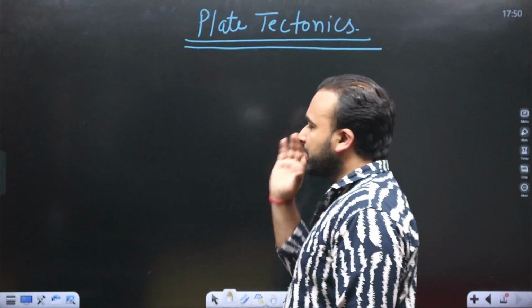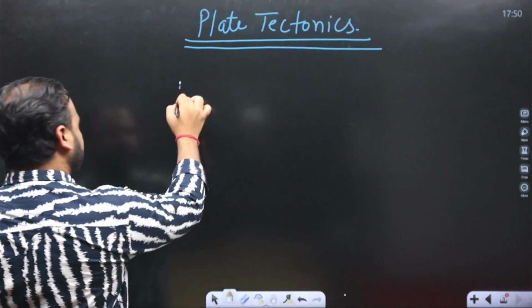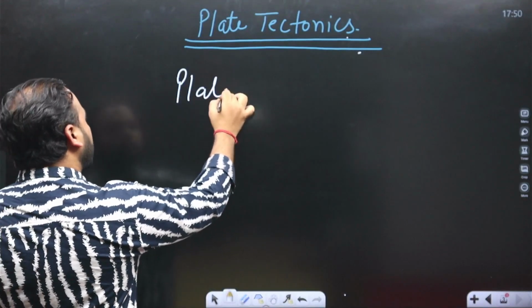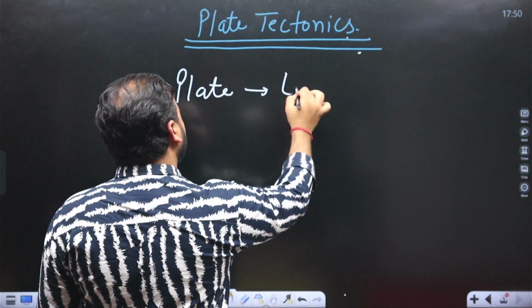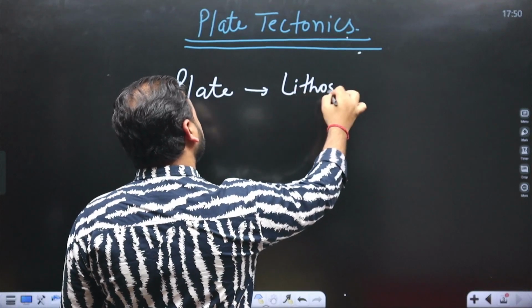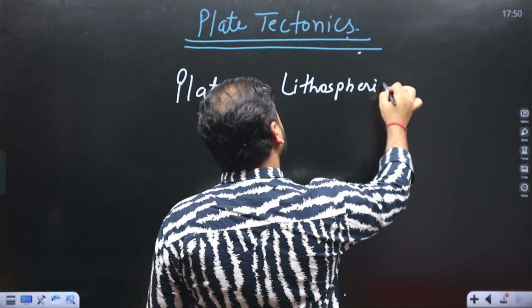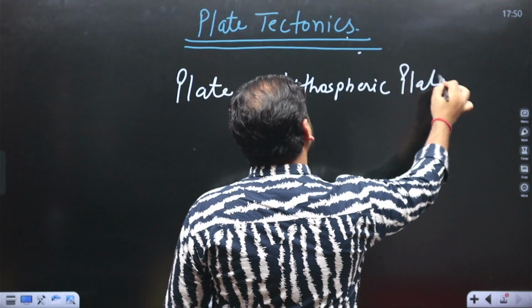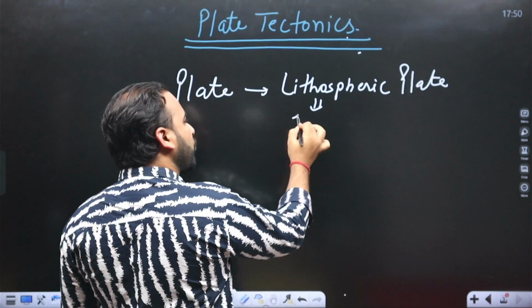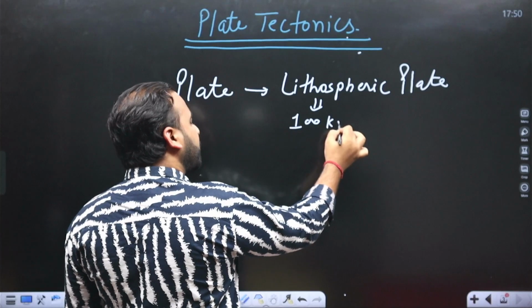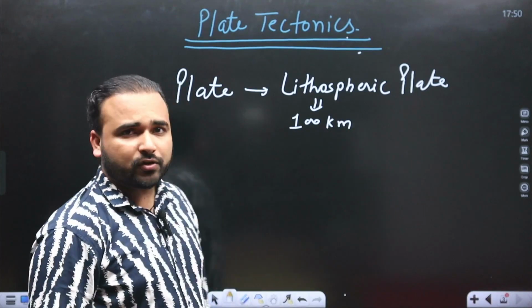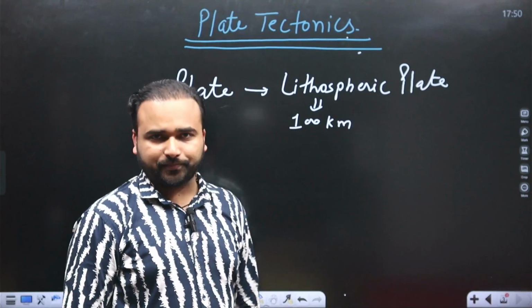So there are two words. One is plate. The word plate means lithospheric plate. Lithosphere is the upper solid part of the earth up to a thickness of 100 kilometers.